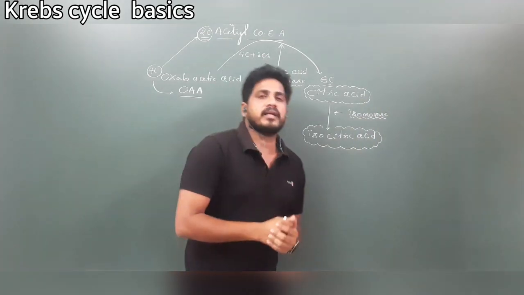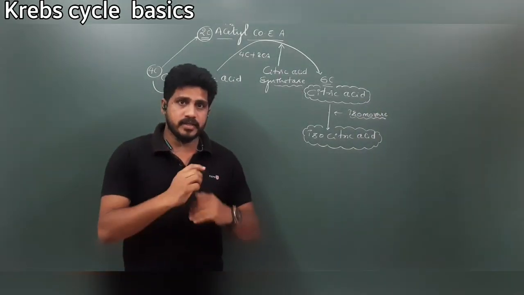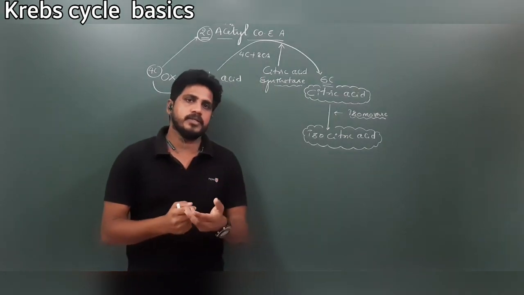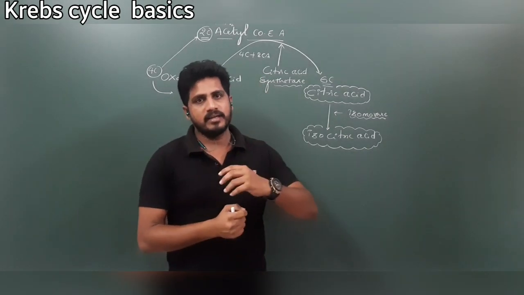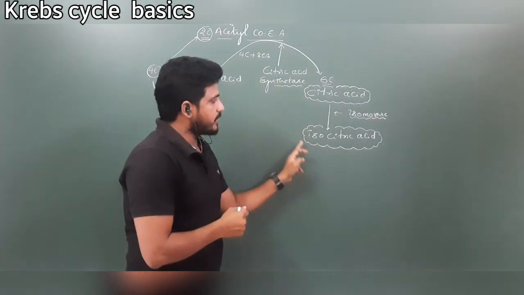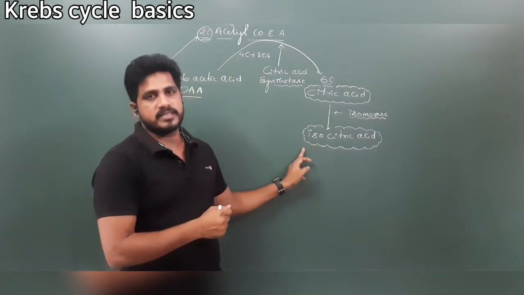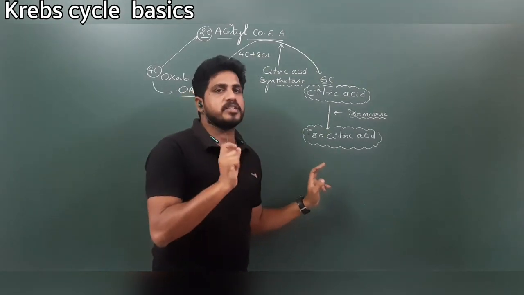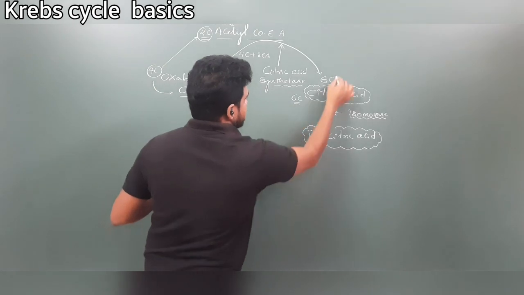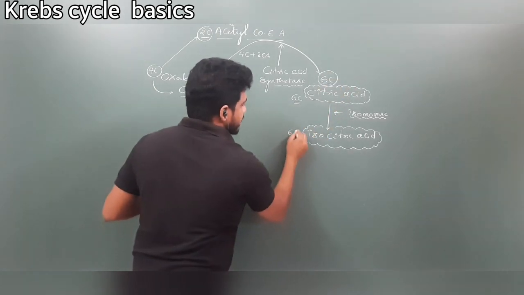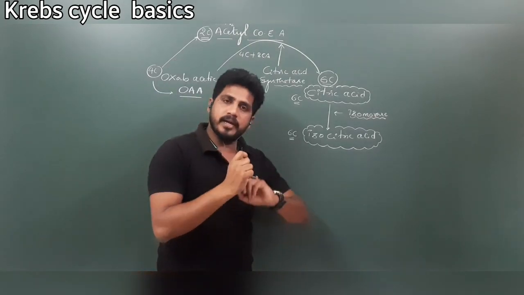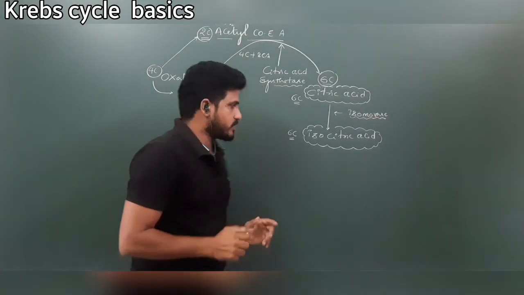Remember in glycolysis, glucose 6-phosphate turns into fructose 6-phosphate, and for that an isomerase enzyme is required. Here also citric acid becomes isocitric acid. Chemically both are the same, but the positions of the functional groups are changed. Citric acid is 6 carbon and isocitric acid is also 6 carbon. The carbon number is not changed; only the position of the functional groups changes.